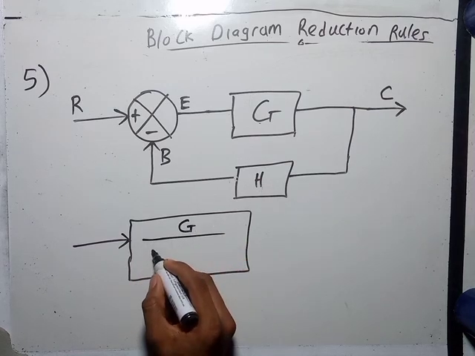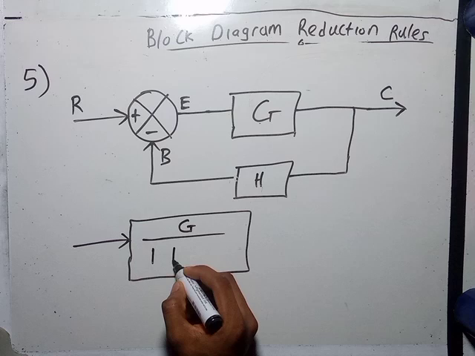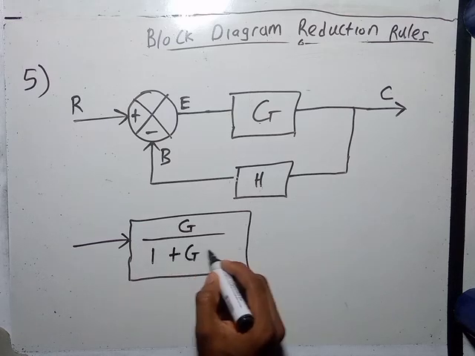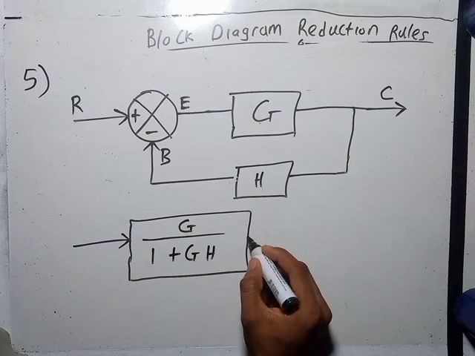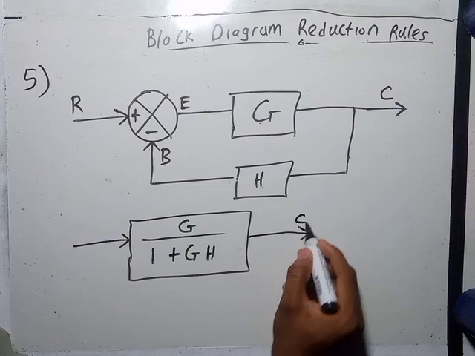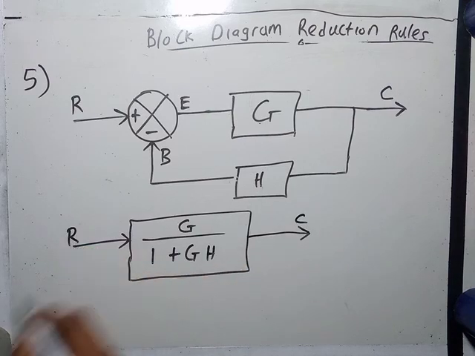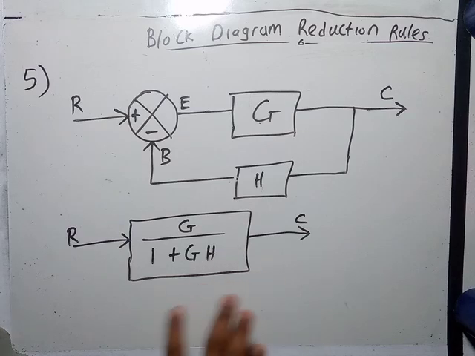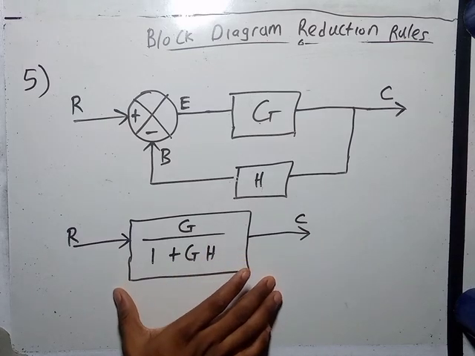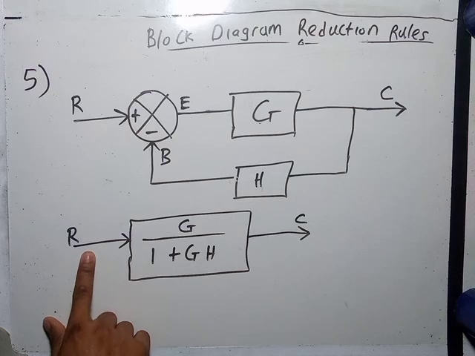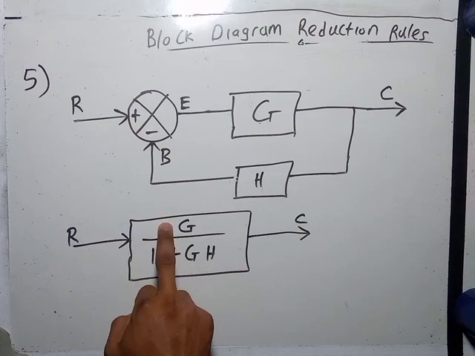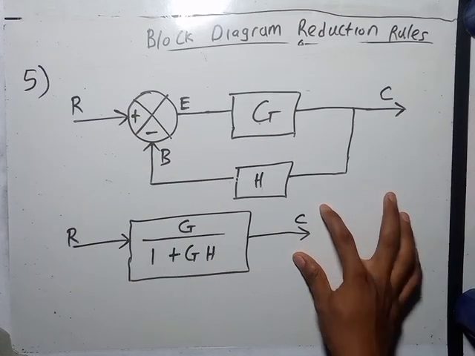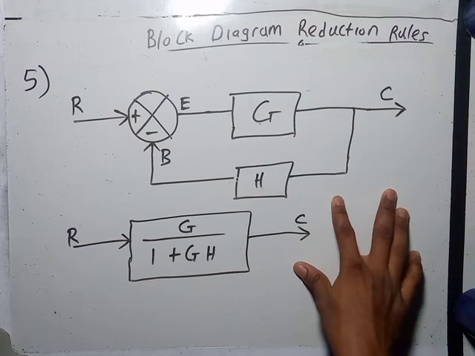G over 1 plus GH, relating C and R. You see, in this case we don't know what C is, but this is how you can still represent it. So whatever your R is, when it multiplies this, this is what your output will then be.